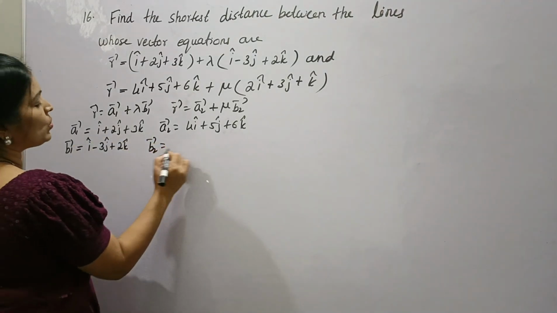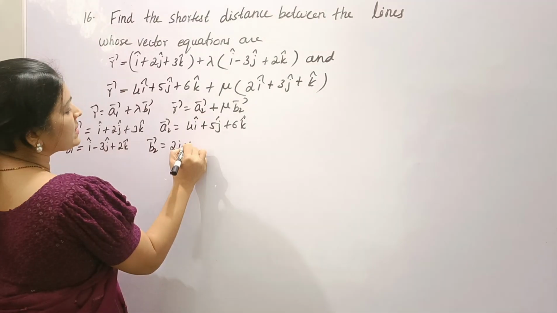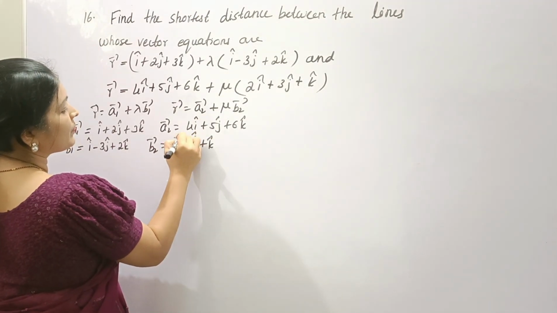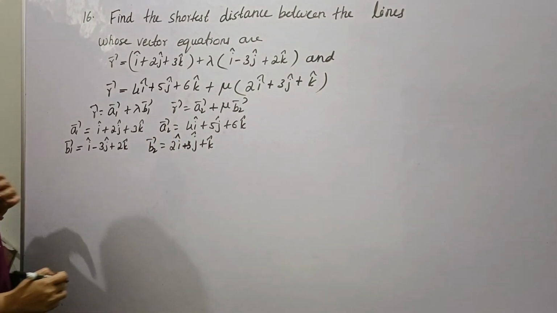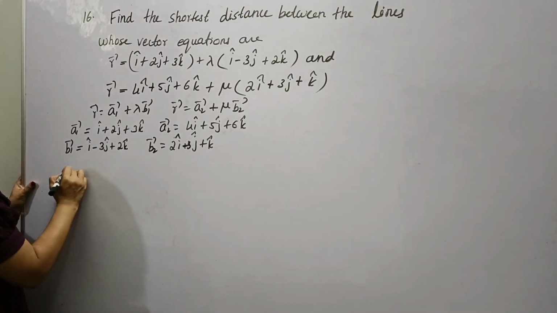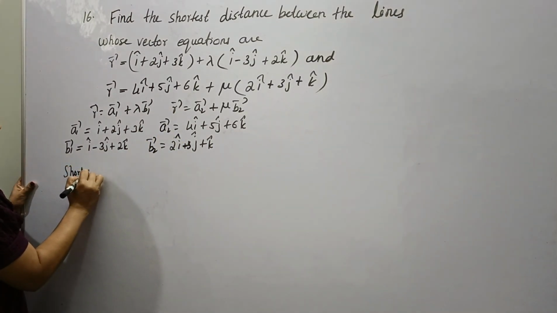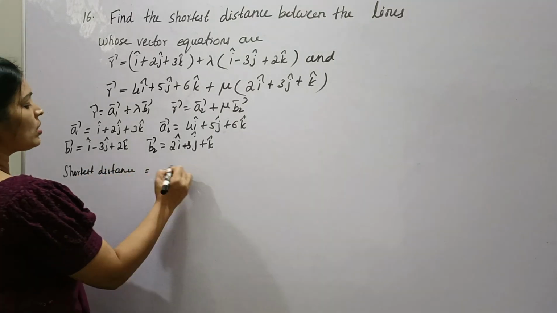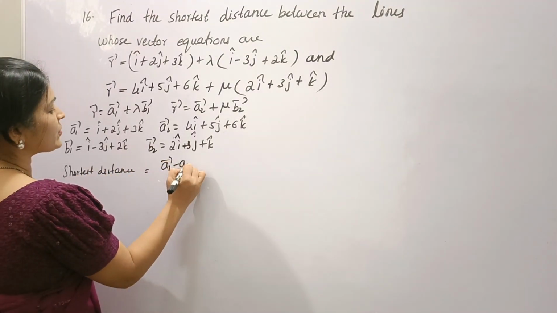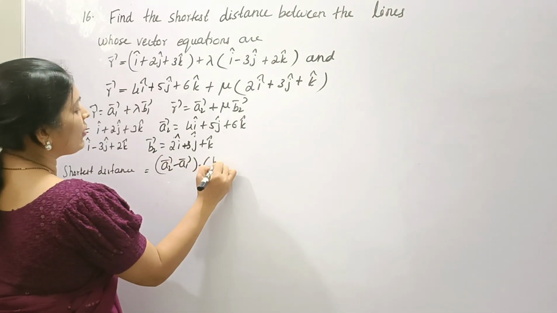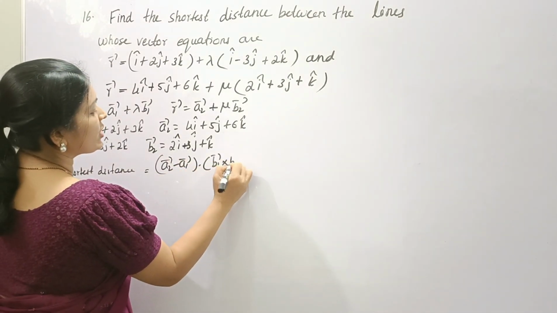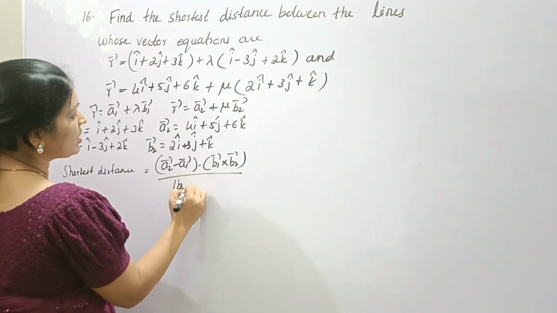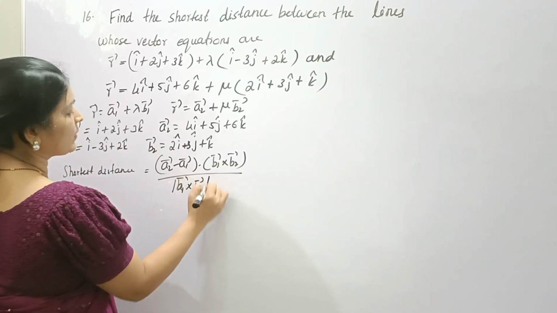Vector b2 is equal to 2i plus 3j plus k. Now what is our formula? The shortest distance between two lines is equal to vector a2 minus vector a1 dot vector b1 cross vector b2, divided by the modulus of vector b1 cross vector b2.